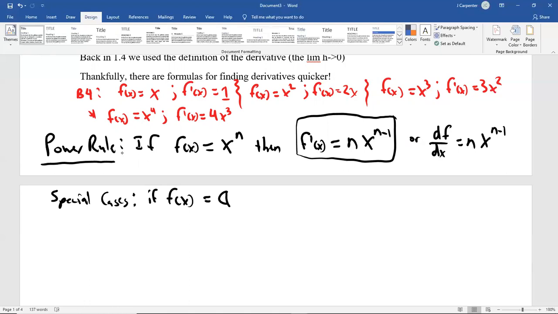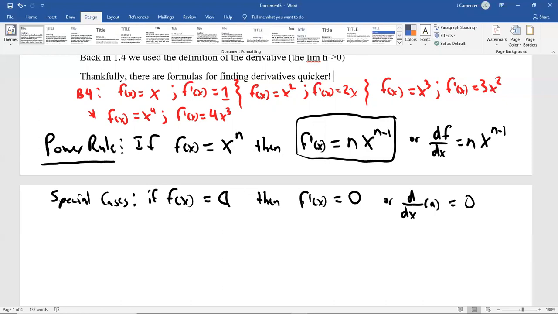So if your function is a constant, C or A, whatever letter you like, then the derivative is 0. Or you could say d dx of A is equal to 0. You technically don't need the parentheses around the A. I'm just being thorough. So again, the two different notations both saying the same thing.